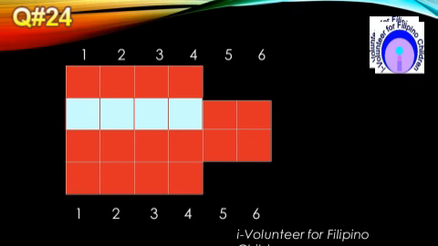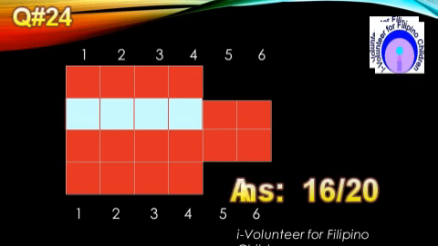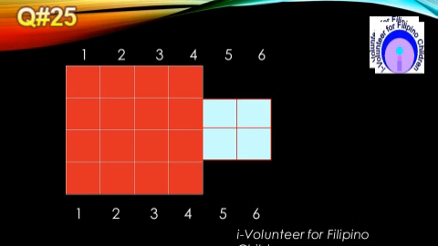Number 24. What fraction names the red squares? The answer is 16/20. Number 25.